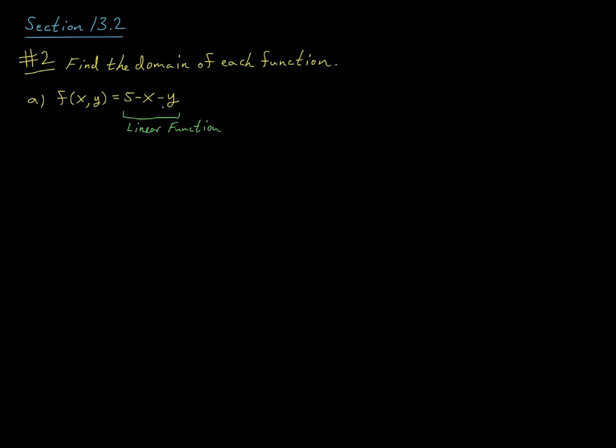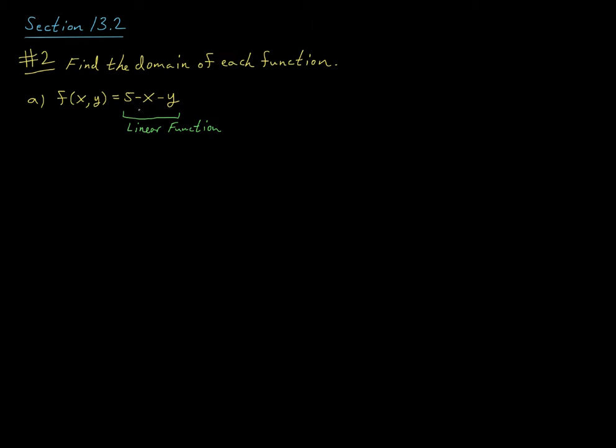And to find the domain of a function, whether it's single variable or multivariable, you want to ask, can something go wrong? Is there some kind of restriction that we need to make? So things like division by zero or a negative under a square root, that sort of thing. Well, for this function, any input we feed it, any x and any y, this right-hand side is going to know what to do with it.